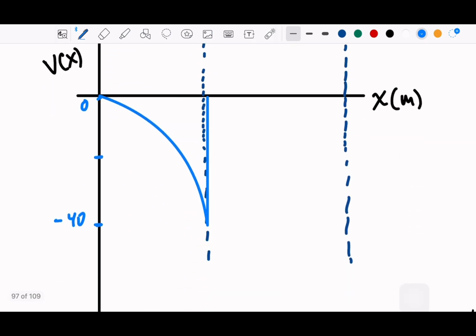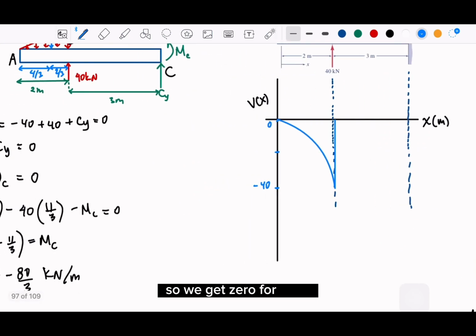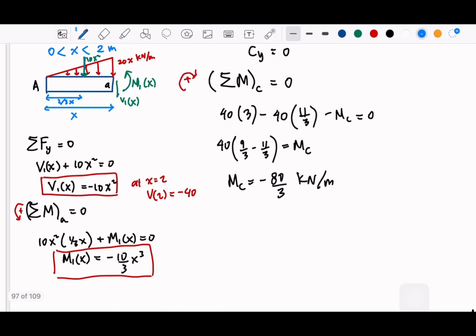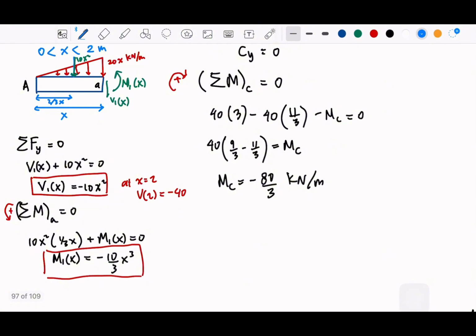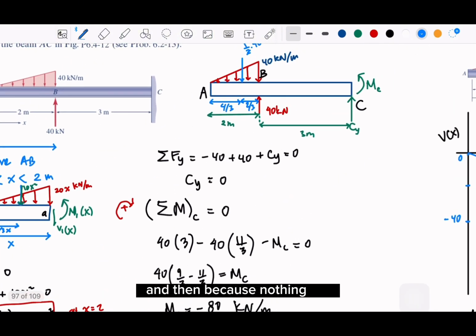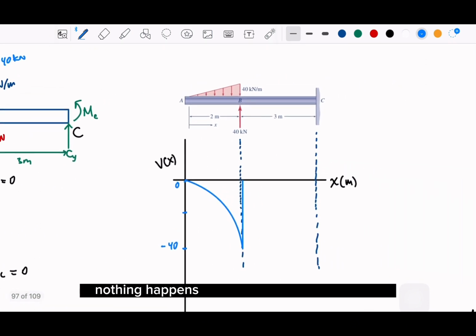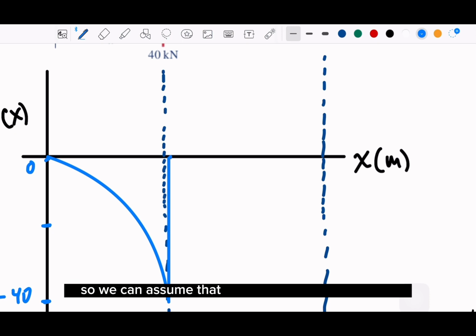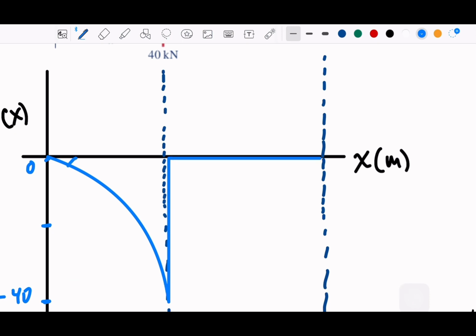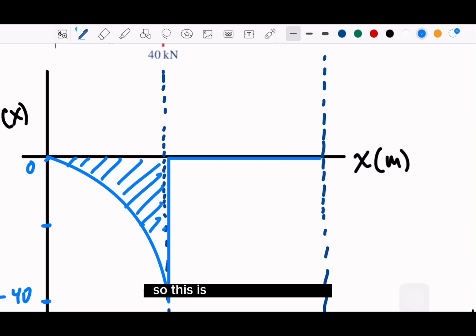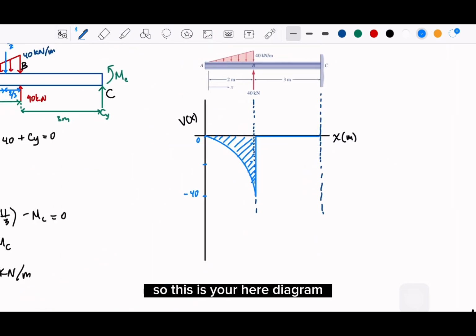So we get 0 for the V. And because nothing happens in BC, there is no external force, so we can assume that all the way here will be 0. So this is your shear diagram.